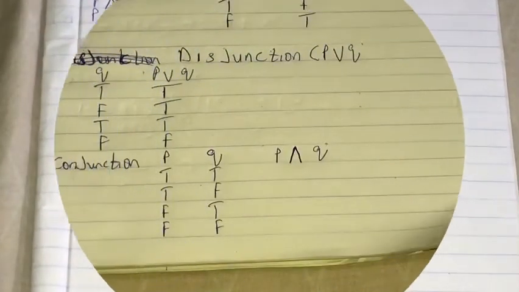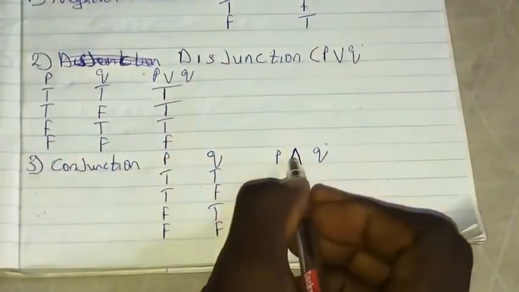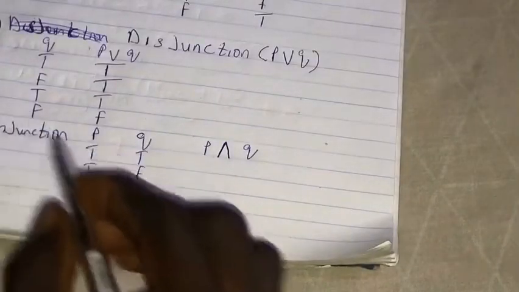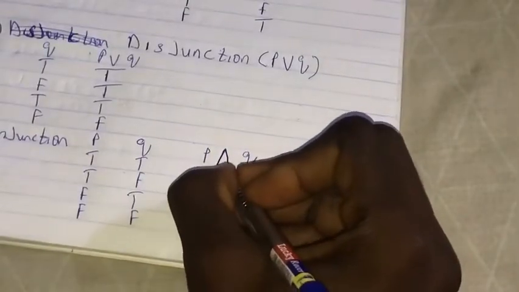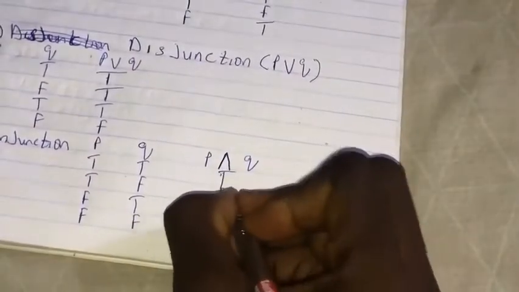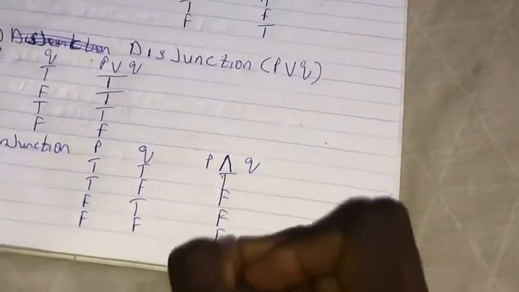For the conjunction, it is like the opposite of disjunction, and it is noted by the sign and. This is or, this is and. It's not exactly the opposite, but it's similar. When you have true and true, you have true. When you have true and false, you have false. When you have false and true, you have false. When you have false and false, you also have false.